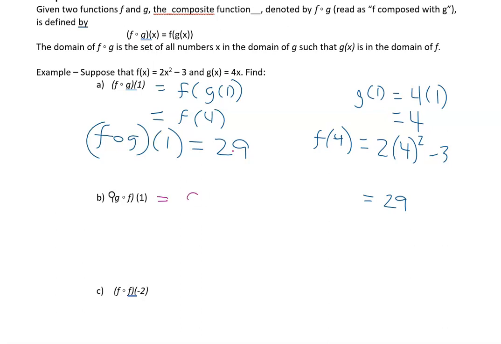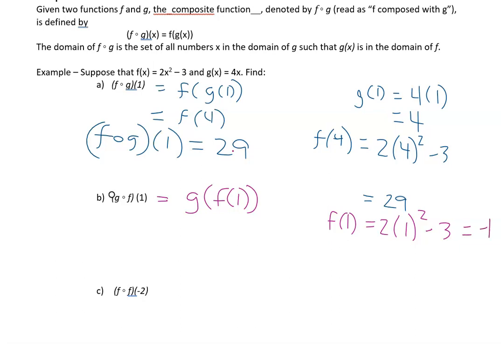So by definition, g composed with f of 1 is going to be g of f of 1. So we come to the side, we find f of 1. So we plug 1 in for x. 1 squared is 1 times 2 is 2, and 2 minus 3 is negative 1.